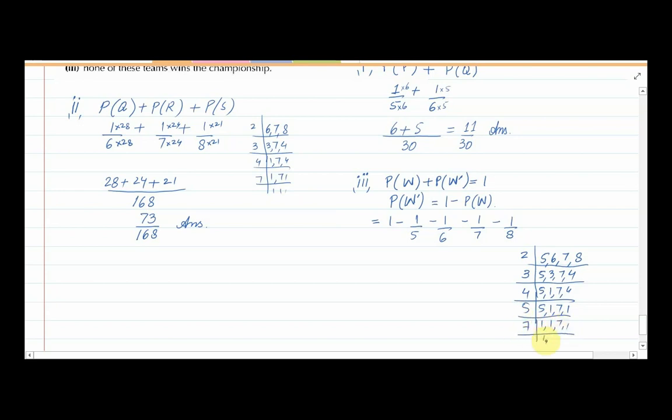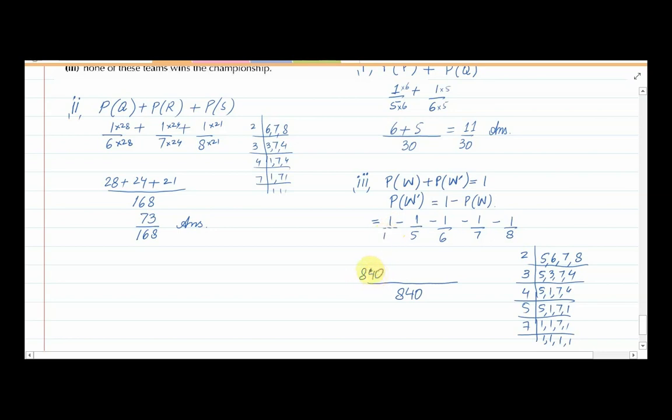So the LCM is 2 3s are 6, 6 4s are 24. 24 times 5 is 120, and 120 times 7 is 840. So you got your LCM, that is 840. Now the denominator of the first one is 1, so you need to multiply 1 with 840, so it will be 840.